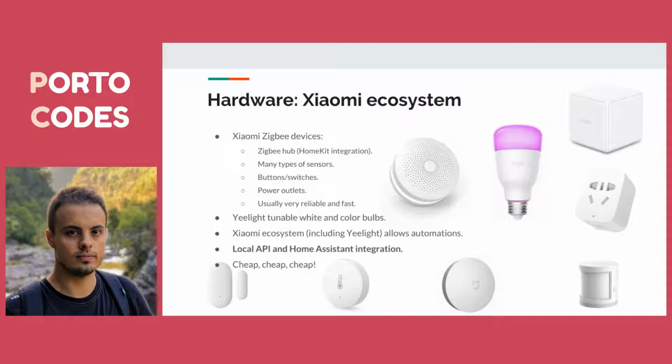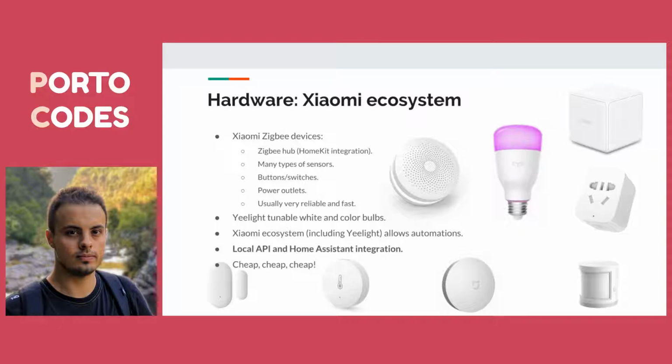So use the Xiaomi application just to add the sensor to the hub. The hub is this thing in the middle, and then use Home Assistant to do all the rest. So the application is only a problem when you set up the hub, and the latest versions are not that bad.